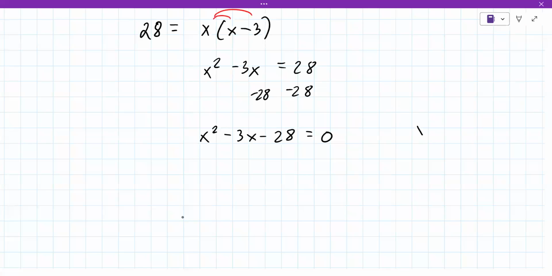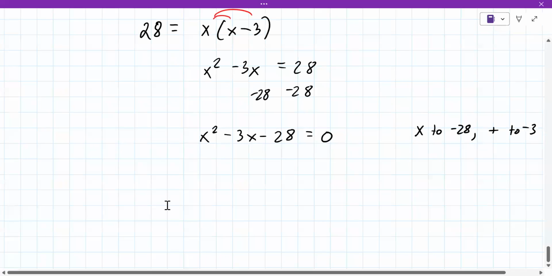We want to find two numbers that multiply to -28, but add to -3. So take that 28 and you start dividing it. Divide it by 1, by 2, by 3, by 4, until you find two numbers that work.